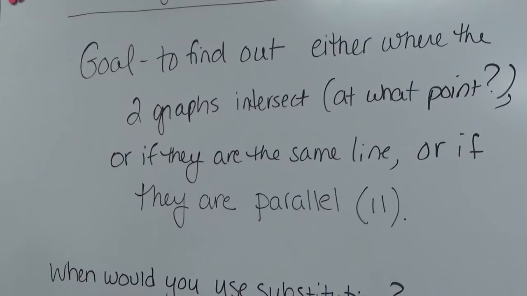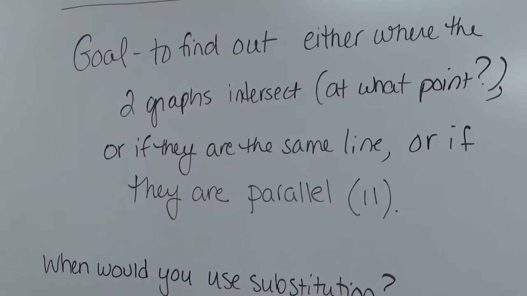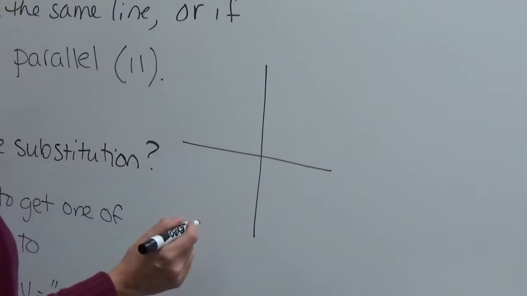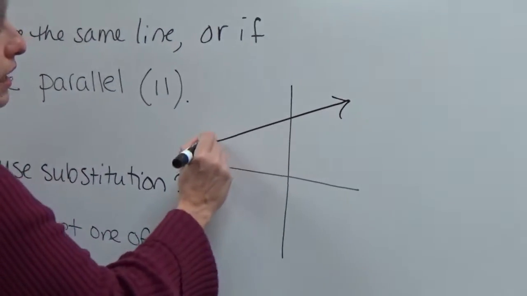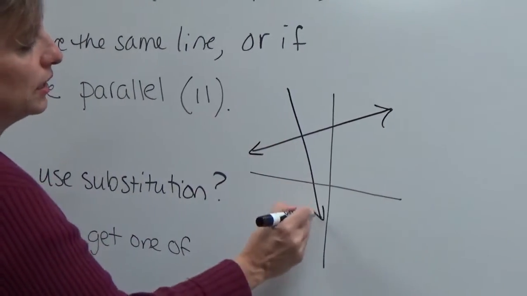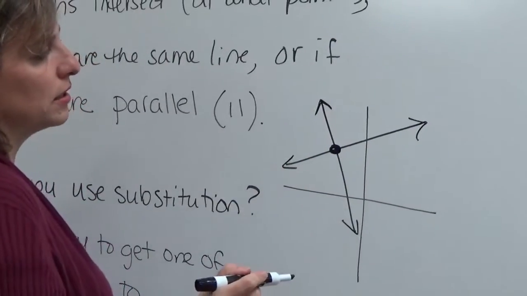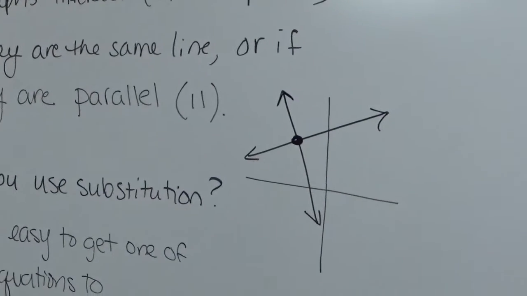So like in graphing, you're going to be given two equations of a line. In graphing, what we did to solve the system was we said, if this line goes this way and this line goes this way, what is that point in which they cross? That's the first type of answer.